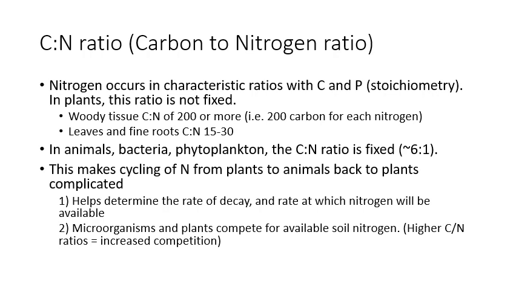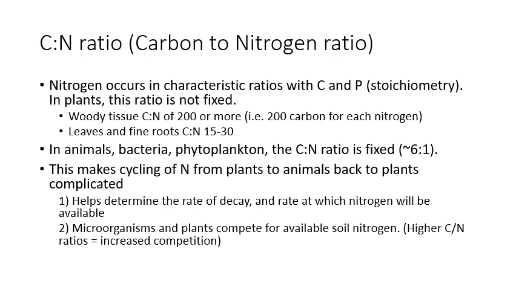So this imbalance in the element ratios between plants and the things that are eating the plants makes cycling of nitrogen from plants to animals and back to plants again very complicated. And it determines the rate of decay and the rate at which nitrogen will be available. Now I've mentioned all organisms want nitrogen, so microorganisms and plants are all competing for the available nitrogen.